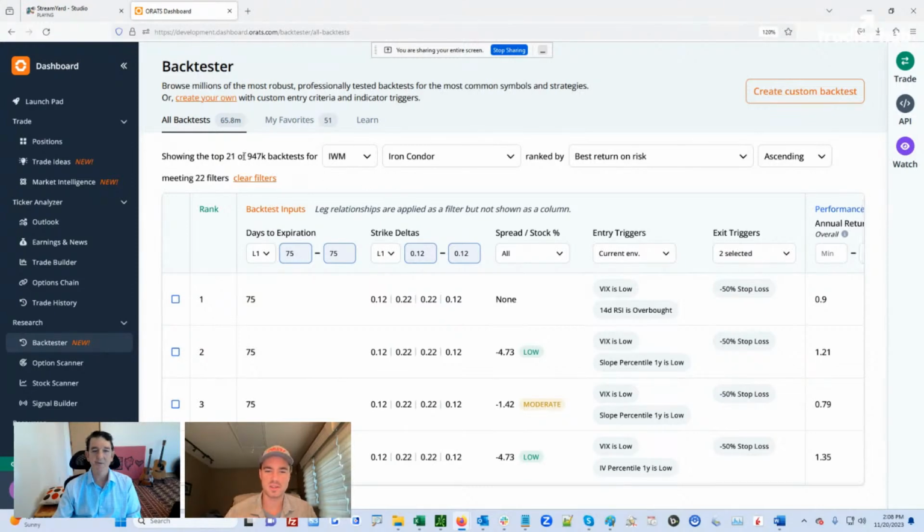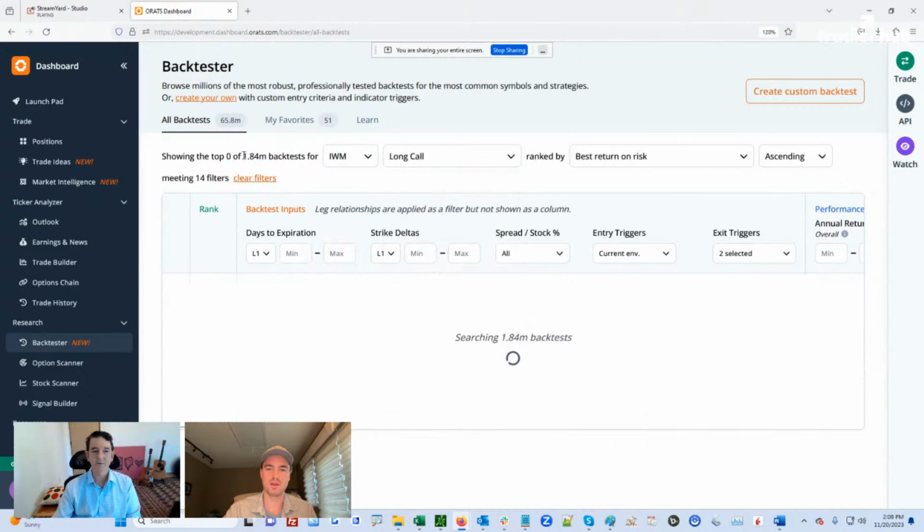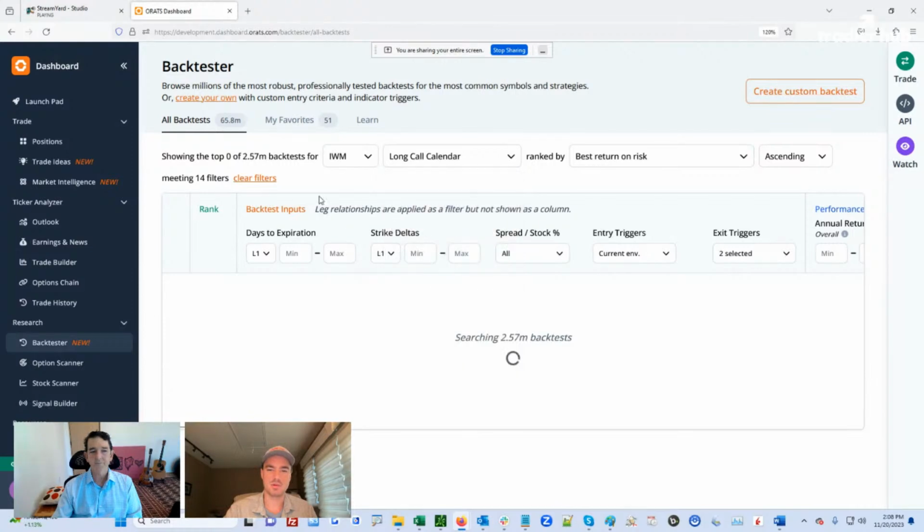And so we've stored all of these back tests in a database that, using this interface, you can filter through and search and rank them and do all these powerful things on back tests really quickly. Instead of building them yourself, you can look through and find them in this table. Yeah. It's really powerful. Yeah, good point.